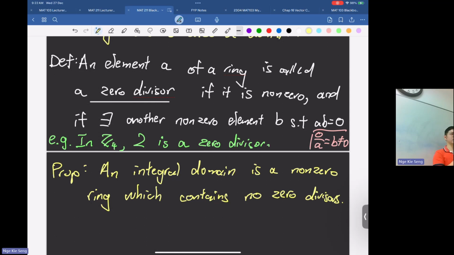Is this proposition obvious or not? Which direction? If there's no zero divisor, it means that for every non-zero element, when you multiply by it, you won't get 0.